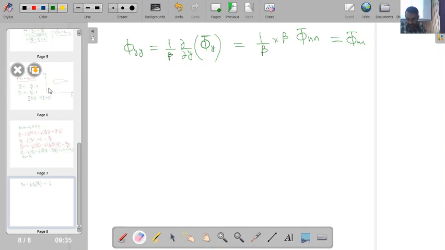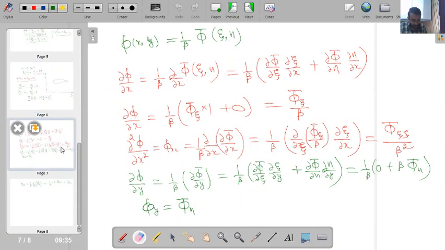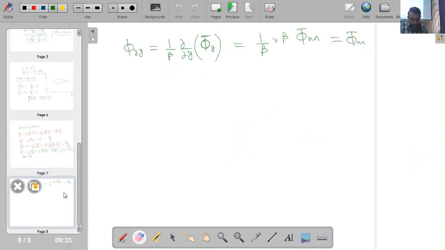Now I have calculated phi xx and phi yy. My phi xx is phi bar zeta zeta by beta square, and phi yy is phi bar eta eta.